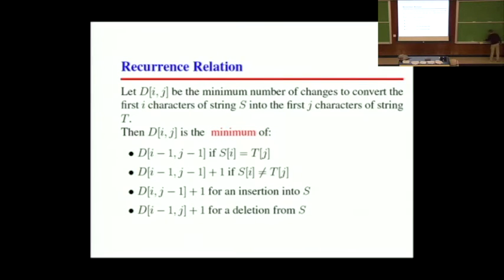Well, now let's think of other cases. What would D of 0, 1 be? Does everybody agree that it's 1? Right? Because you're inserting one character into an empty string. Okay? Actually, more generally, I guess what you're telling me is that D of i, comma 0 is equal to i.